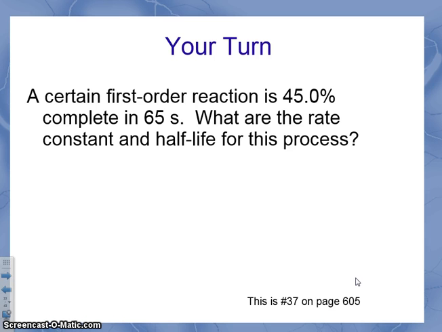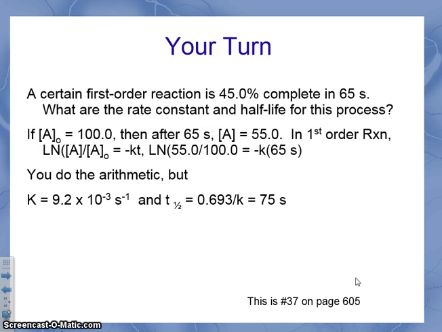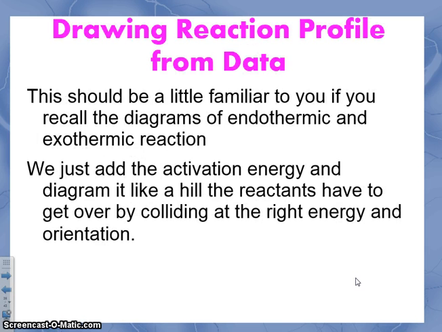Here's your turn. What are the rate constant and half-life given that it is 45% complete in 65 seconds? Here's the arithmetic and the half-life. We'll complete this and then go on to another one at a later time.